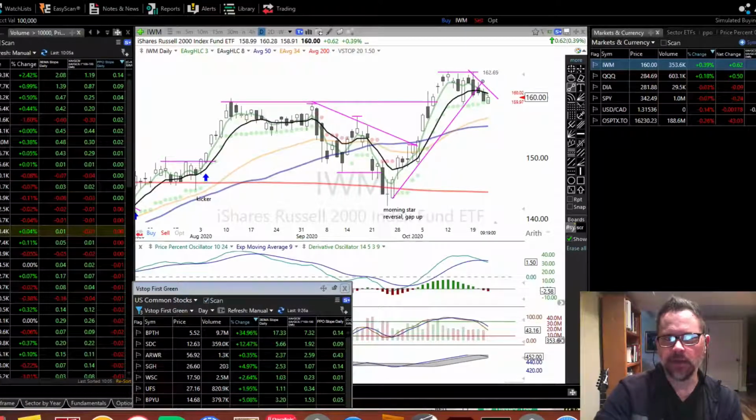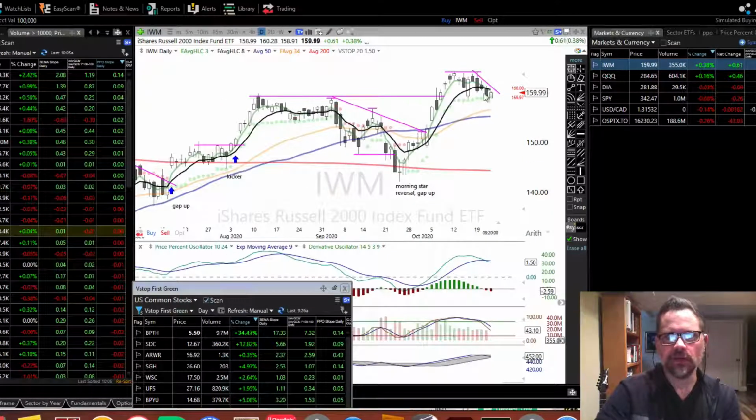If I had the line up here, it'd be crossing, so I wouldn't be buying. But if it starts to go up again, you might get essentially a flattening trend like this. It could come down here, but right now it's not in a good position. It could come down to the 50 and test that, so yeah, it's not a great spot. It's kind of a flat period right now.